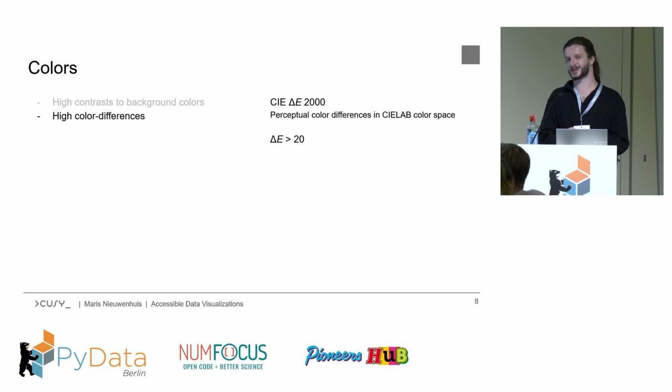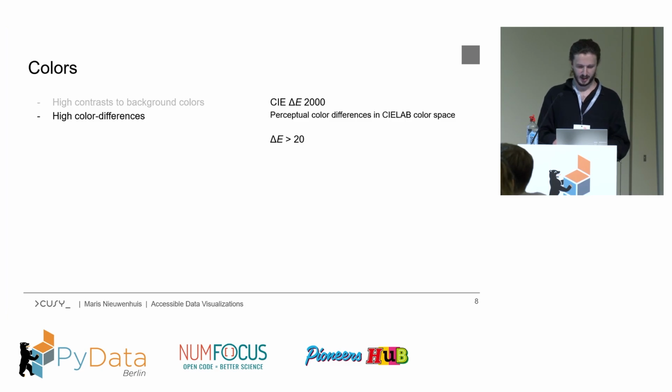Next, we of course also want the colors to be differentiable not only in luminance, but also in the color itself. For that, we use the CIE delta E calculations. You might have heard that from calibrating monitors and calculating color differences.